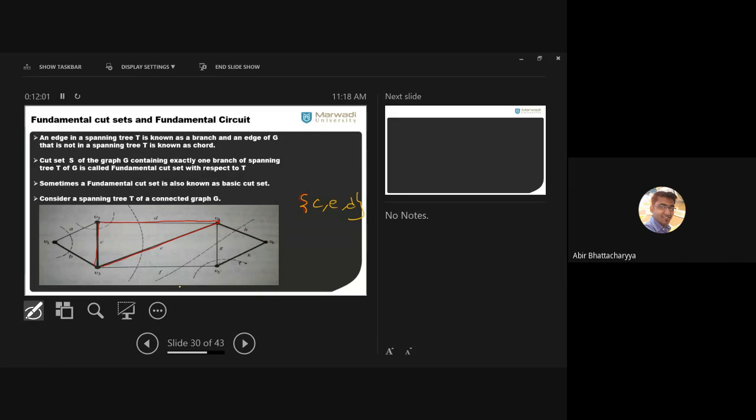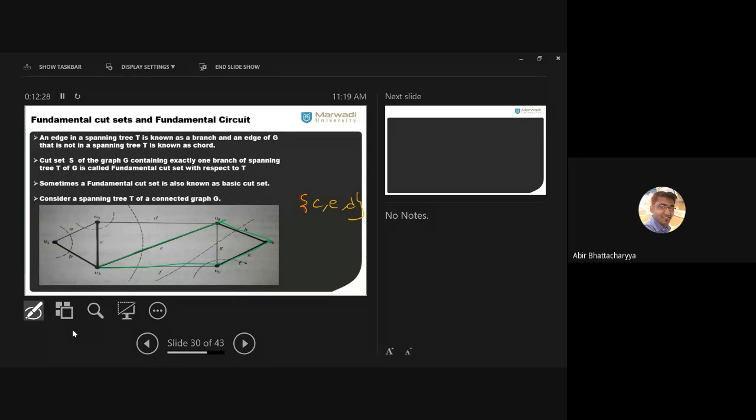Otherwise, it can have 3 branches, 1 chord: branch, branch, branch, chord. This is a circuit. So these circuits are known as fundamental circuits.